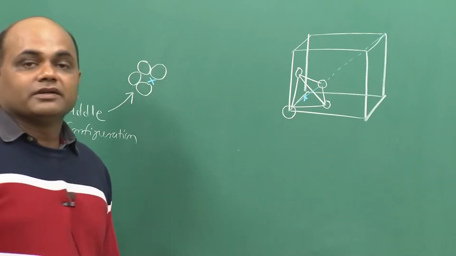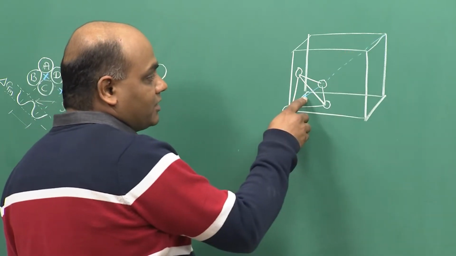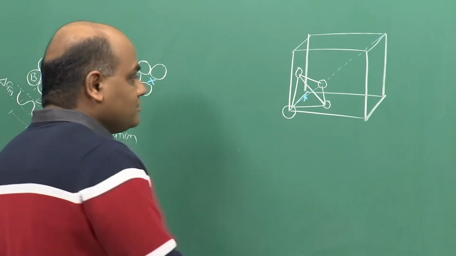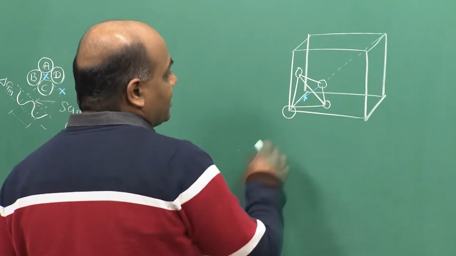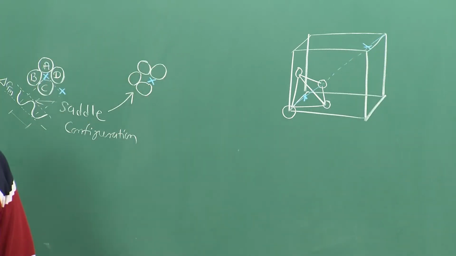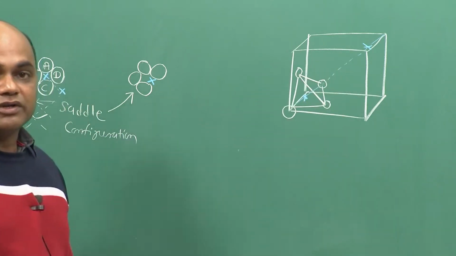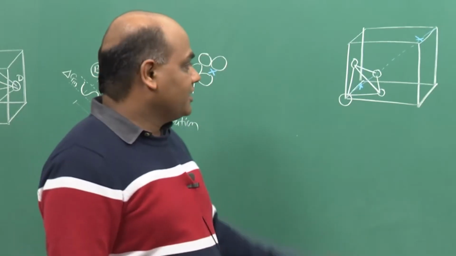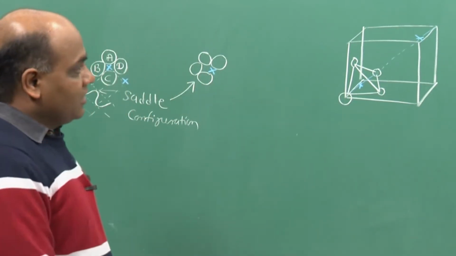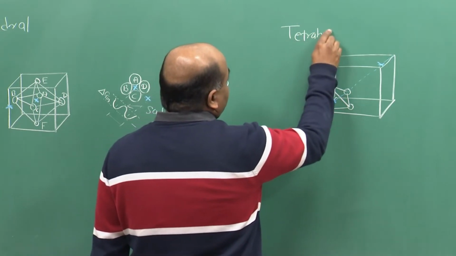Precisely, it will be at a position which is at 1/4 of the body diagonal length. By symmetry, you can show there will be another interstitial at 3/4 of the body diagonal, and there are 4 such body diagonals. So, there will be total 8 tetrahedral sites in a FCC unit cell. So, this is tetrahedral in FCC.